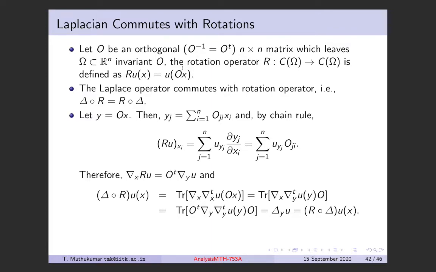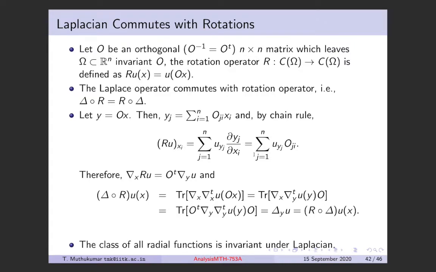And since Laplacian commutes with rotation, it basically means that if you take a function which is invariant under rotation, then the image of that function under the Laplacian is also a radial function. So basically the set of all radial functions is invariant under the Laplace operator.